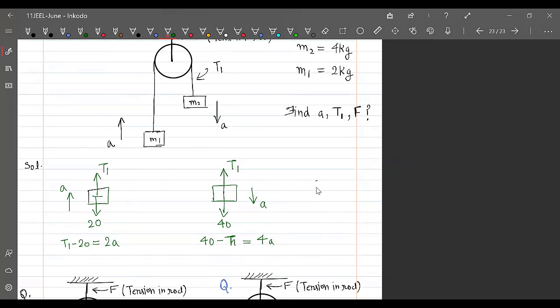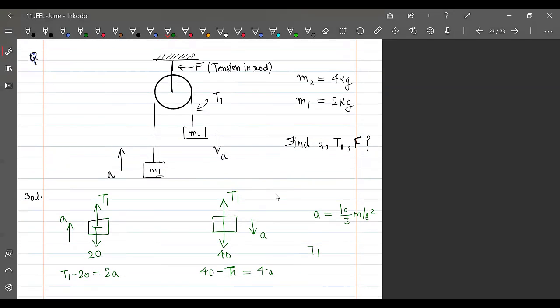यहाँ से दोनों को solve करेंगे तो acceleration आ जाएगा, acceleration will be 40 minus 20, 20 by 6, that is 10 by 3 meter per second square. फिर यहाँ से T1 की वैल्यू कैलकुलेट कर सकते हैं. एंड इफ यू ड्रॉ द FPD ऑफ पुली, सो पुली का FPD ऊपर फोर्स लग रहा है F और नीचे फोर्स लग रहा है T1, 2T.